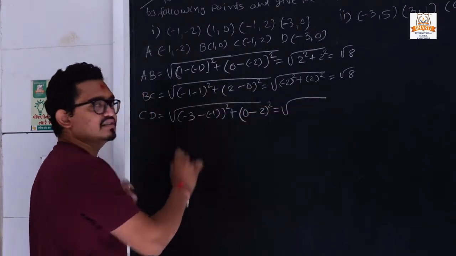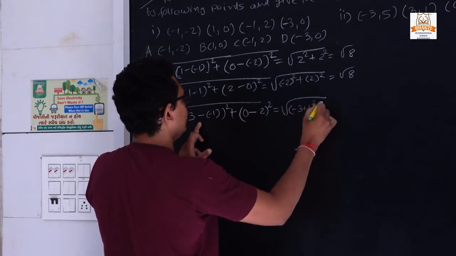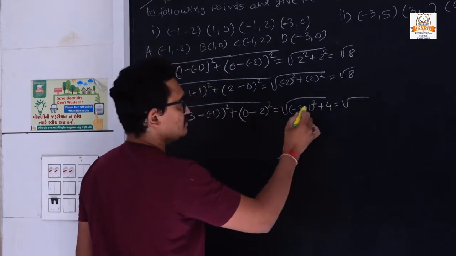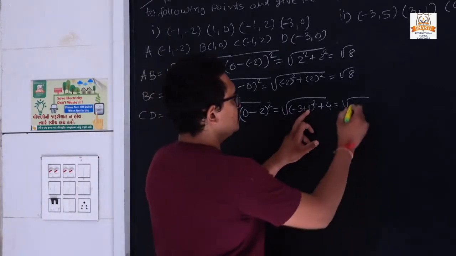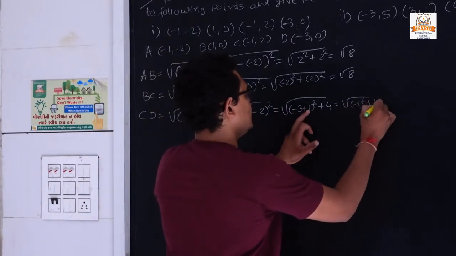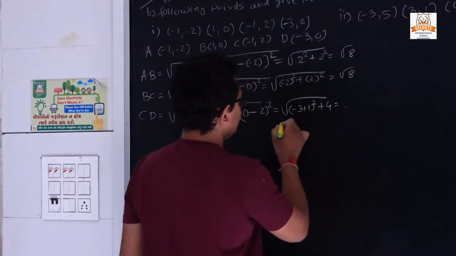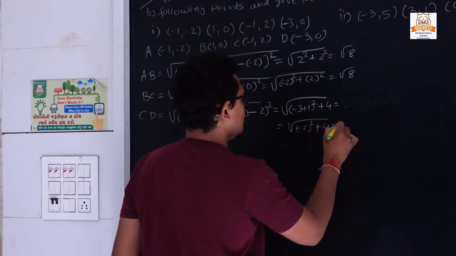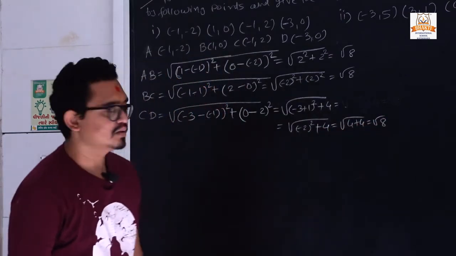Minus 3 plus 1 is minus 2, all square, plus minus 2 all square, so 4 plus 4, once again root 8.